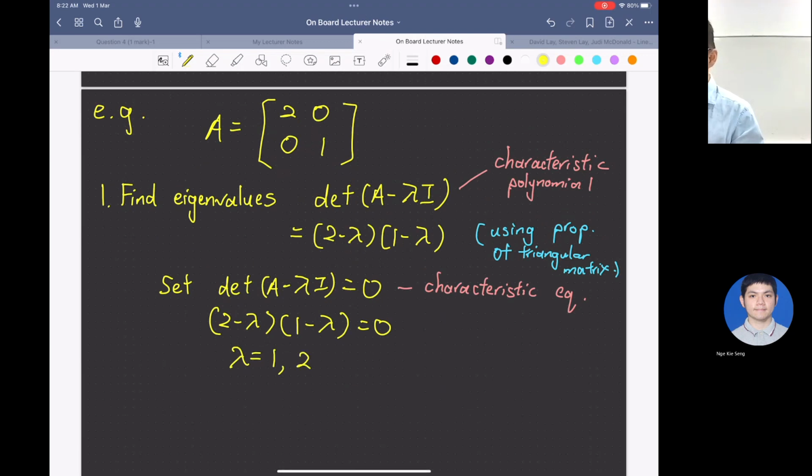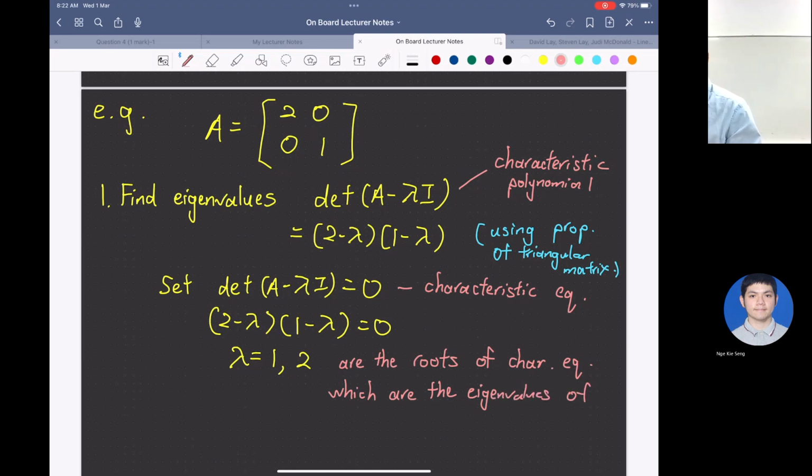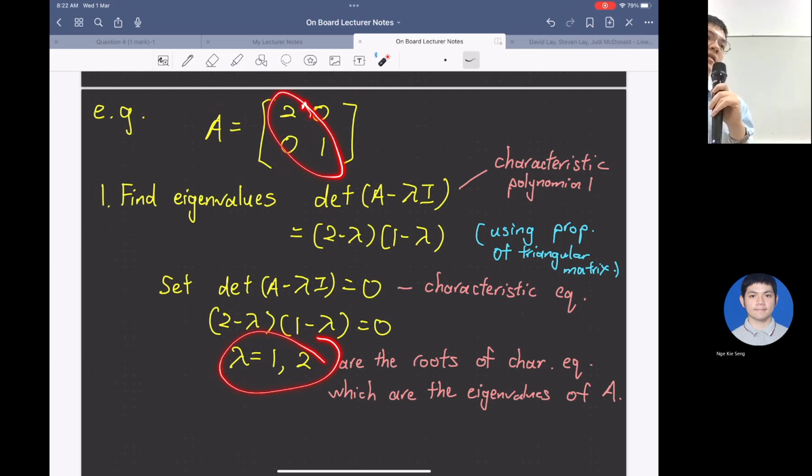When we solve the equation, we get the roots of the equation. The roots of the characteristic equation are the eigenvalues of A. From here you can see that if it is diagonal, the eigenvalues are really just the diagonal entries.